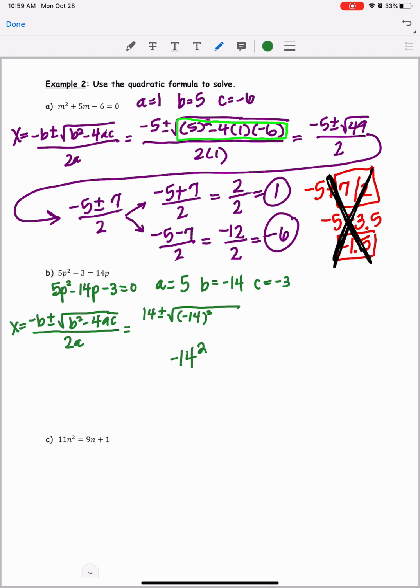Okay, so negative 14 in parentheses squared, then minus 4 times A times C all over 2A. So when we simplify this, we're going to have my negative 14 plus or minus some square root all over 2 times 5 is 10.